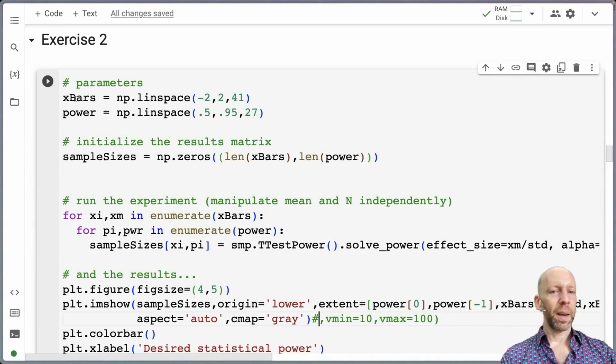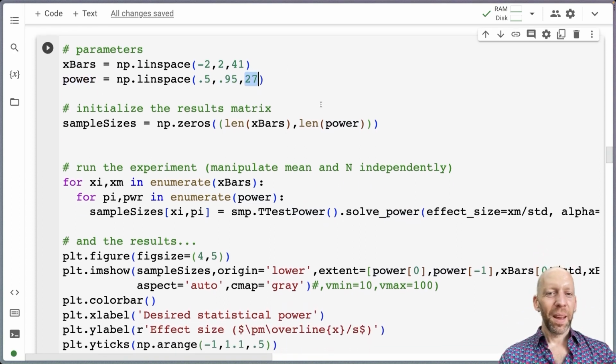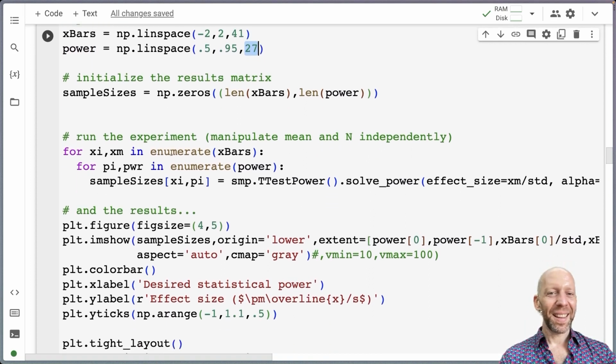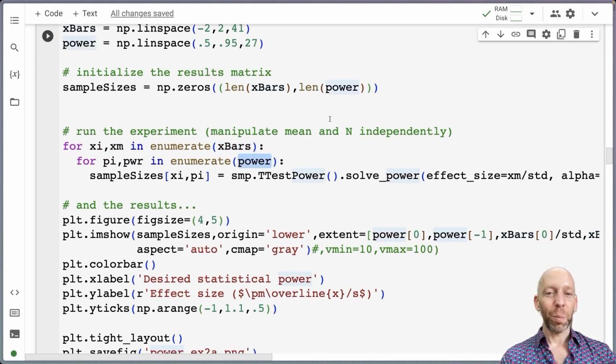So here you see I'm defining the means to go from -2 to +2 in 41 steps. And the required power, our requested power, is going from 0.5 to 0.95 in 27 steps, because why not 27? Okay, so then we have an image, so we need a double for loop. We loop over the sample means and the required power.